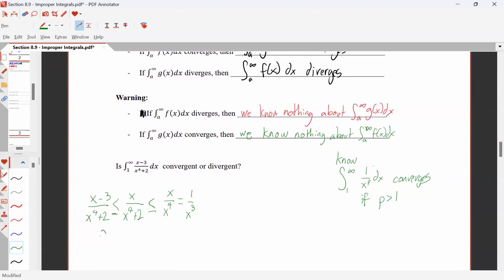However, I do know, again, the integral from 1 to infinity of 1 over x cubed dx converges by the p-series test for integrals. We worked that out earlier, actually. We already have evaluated that integral.